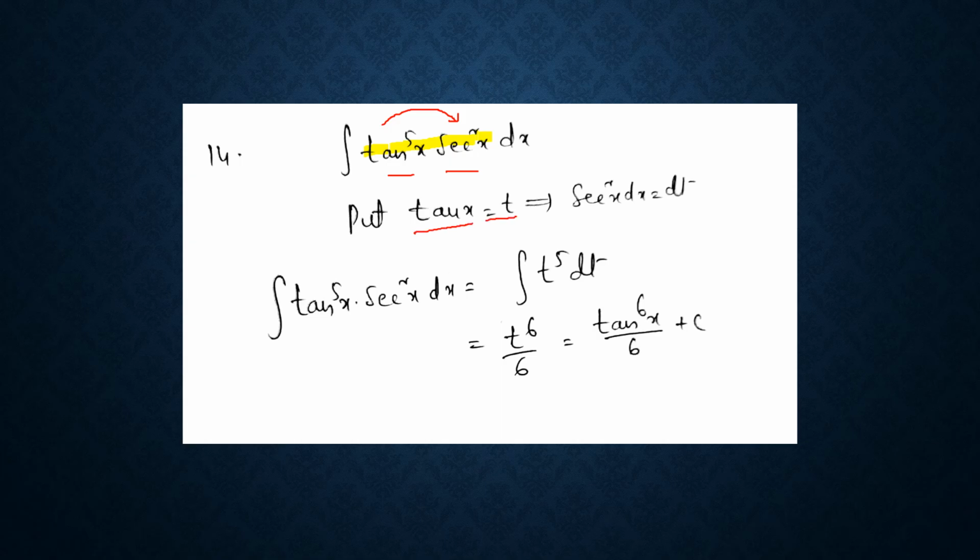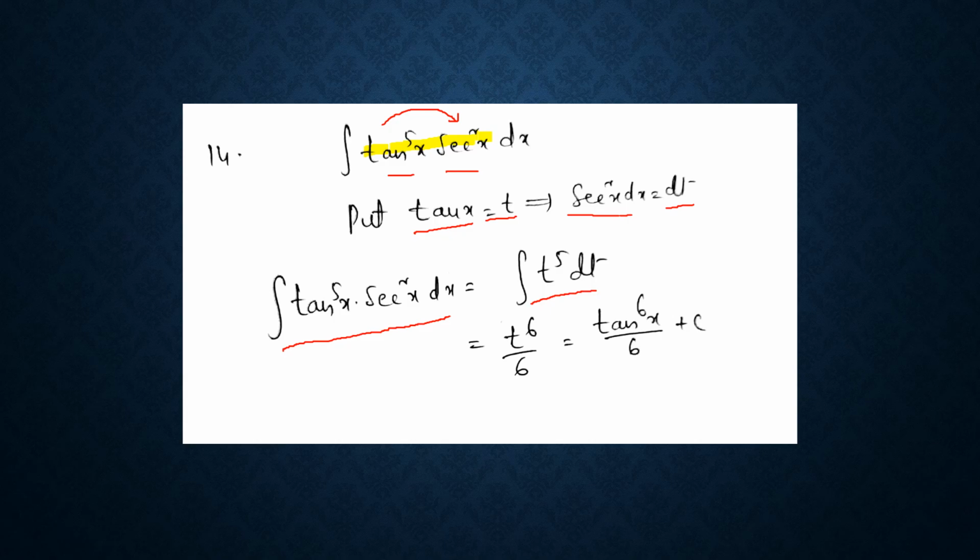So here by substituting tan x is equal to t, by differentiating with respect to x, what we will get here, secant square x dx is equal to dt. So that becomes integral tan to the power of 5x into secant square x dx can be written as integral t to the power of 5 into secant square x dx can be written as dt.